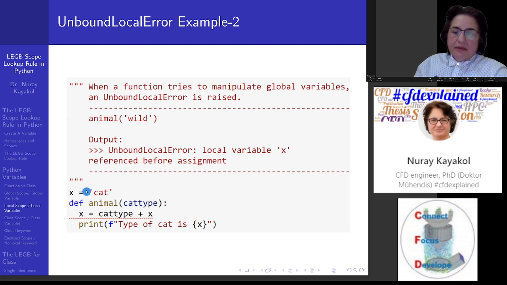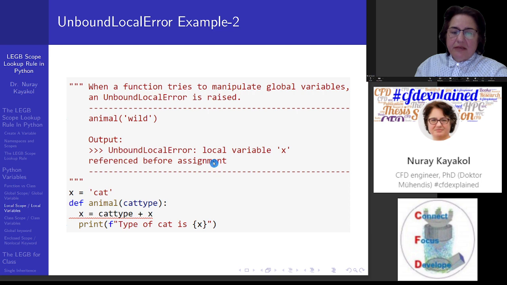Again, the program will look for the value of x. It is not defined yet because it appears on the left as well. So this will be the source of error.